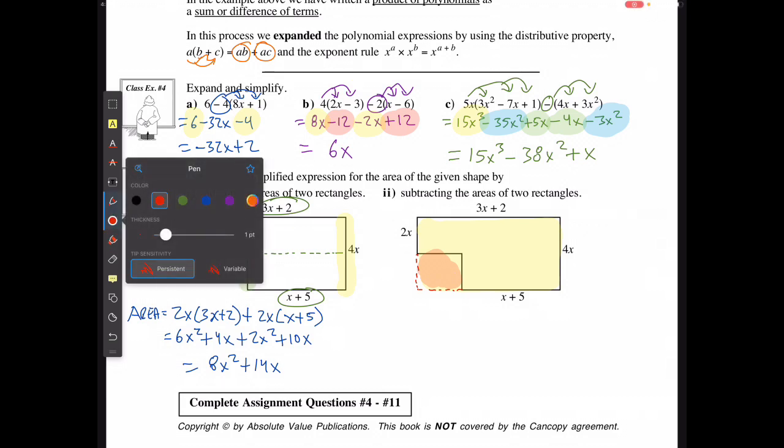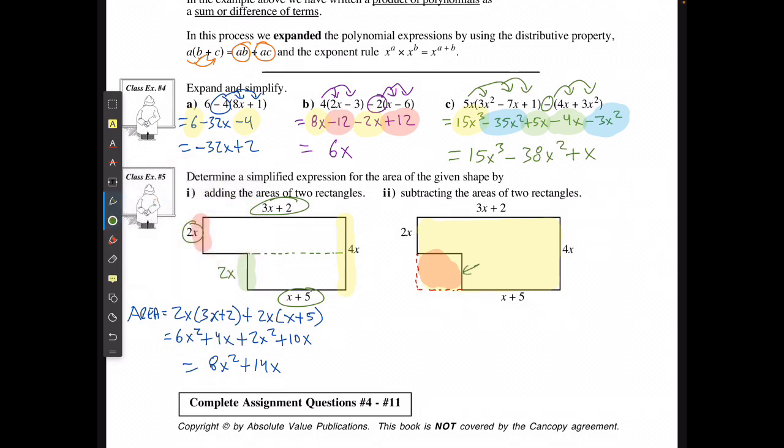Well, we already know that one side length is 2x. We can use the same trick to solve for what the side length on the top would be. It's going to be this whole side length take away this side length. If I have 3 x's and I took away an x, then I'm left with 2 x's. If I have 2 and I took away 5, then I'm left with negative 3.